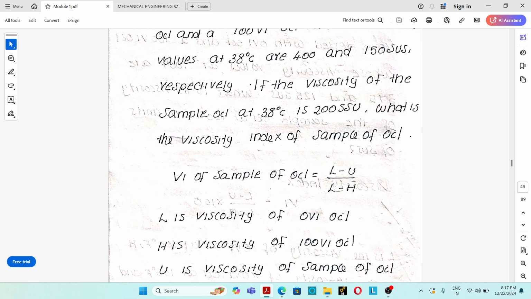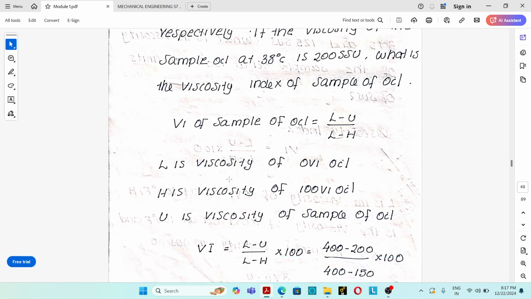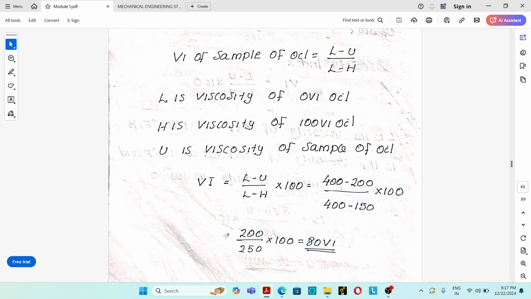So here we have to find the viscosity index. Viscosity index of the sample of oil is L minus U divided by L minus H. L is the viscosity of 0 viscosity index oil, H is the viscosity of 100 viscosity index oil, and U is the viscosity of the sample of oil. Then we substitute the values in the equation, and we get a viscosity index of 80. See, these two problems are very important. There is a chance that they will be asked as a 3-mark question.